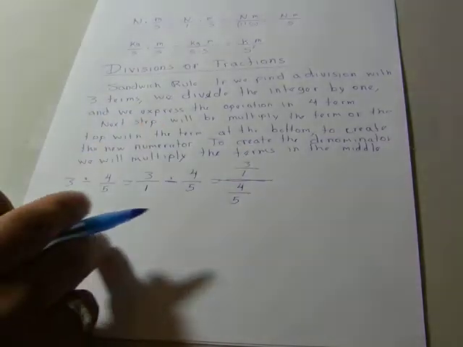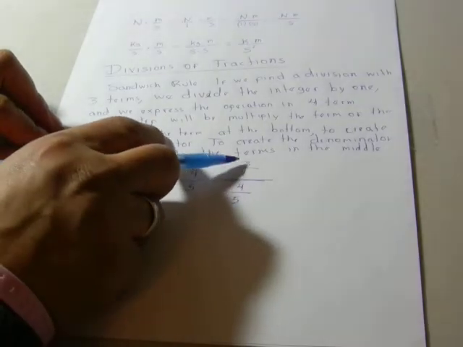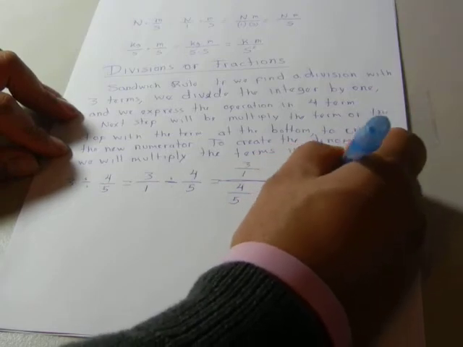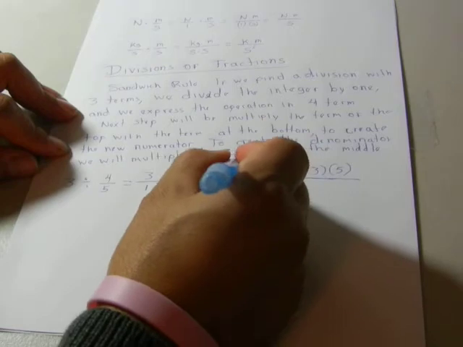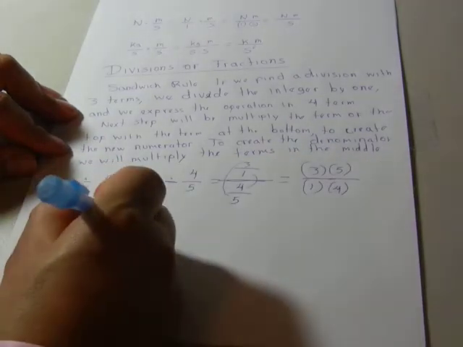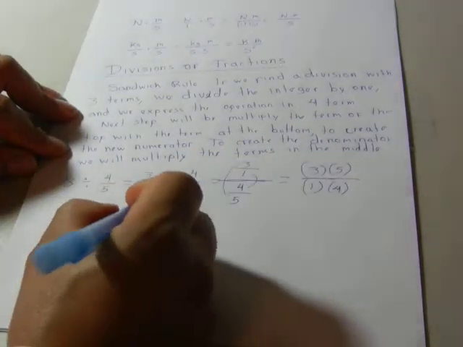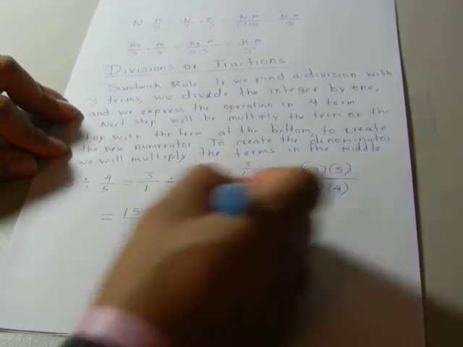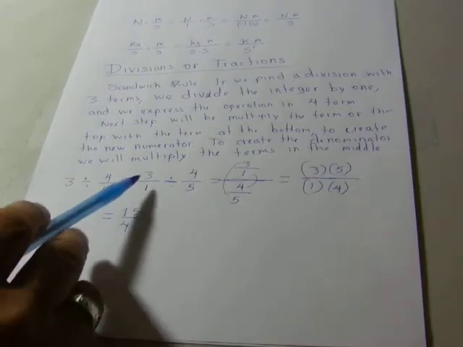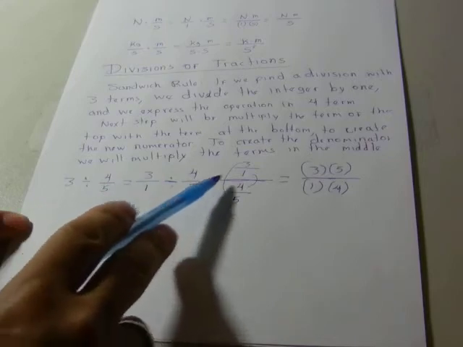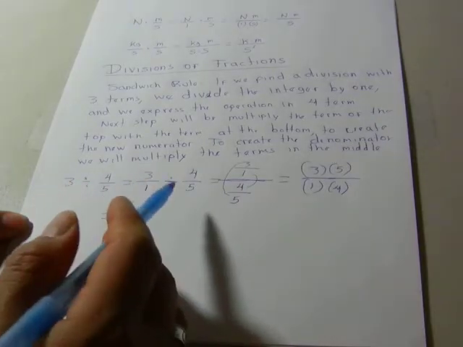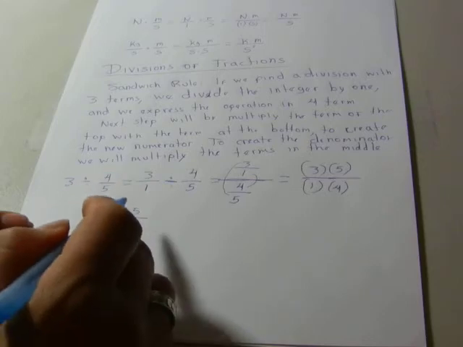Now we multiply the extremes, the top times the bottom, to create the new numerator: 3 times 5, and we multiply the intermediate terms: 1 times 4. This gives me 5 times 3, 15, and 1 times 4, 4. Probably you remember that you apply the crisscross rule. This times this gives me this, or this times this gives me the same. It's the same, but sometimes, from the principles that we are going to use for variables, it's more simple in this way.